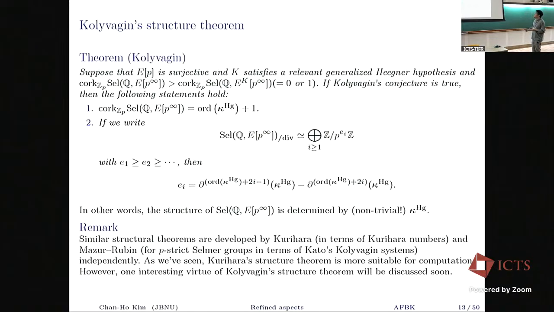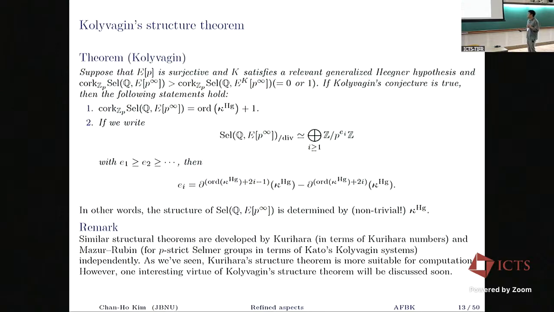So here's the theorem of Kolyvagin. Suppose that E[p] is surjective and K satisfies the relevant generalized Heegner hypothesis. In particular, the Selmer corank is larger than that of its quadratic twist. We can always arrange this for the higher rank case, of course. If Kolyvagin's conjecture is true, then the following statements hold. The Selmer corank is exactly detected by this vanishing order of the Heegner point Kolyvagin system.